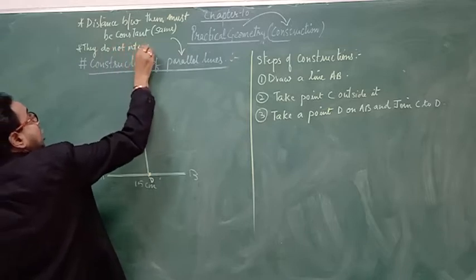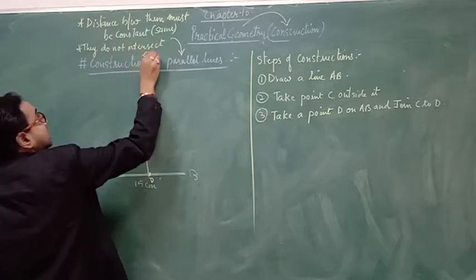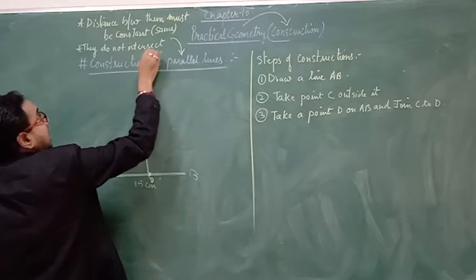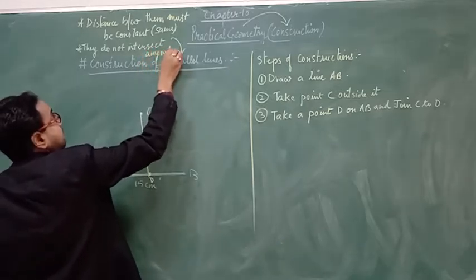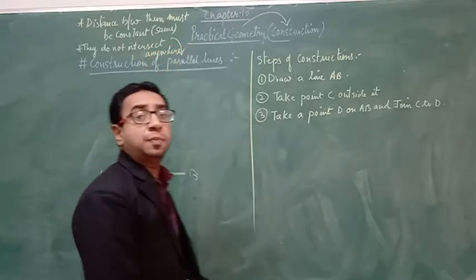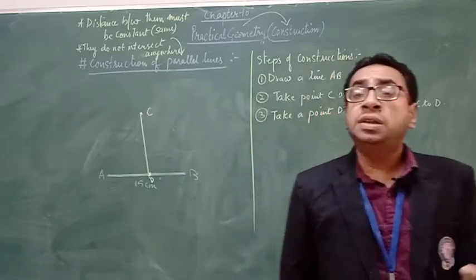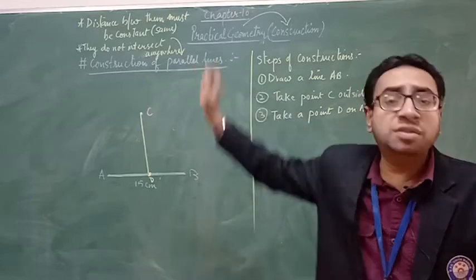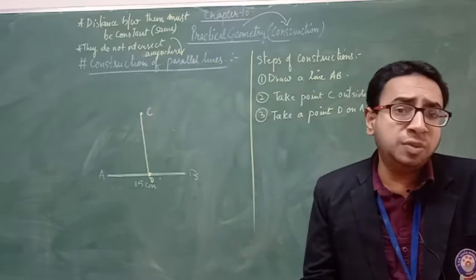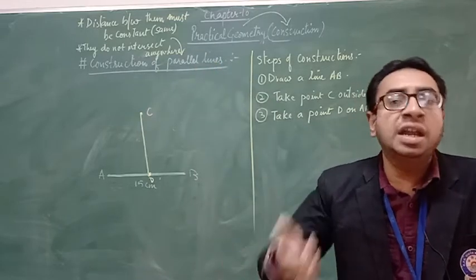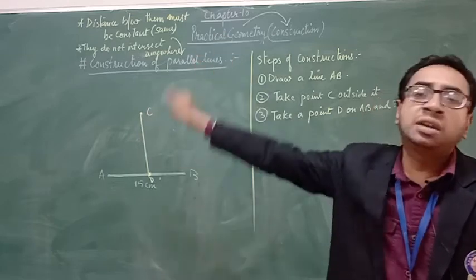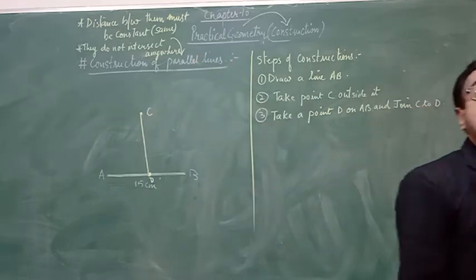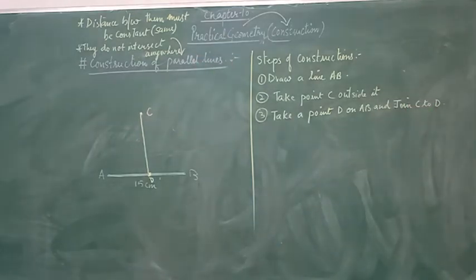These are two important properties of parallel lines. First, the distance between the two parallel lines must be constant. Secondly, if the distance between them is not changing, definitely they will not intersect. Hence, they do not intersect. This is again the important point.